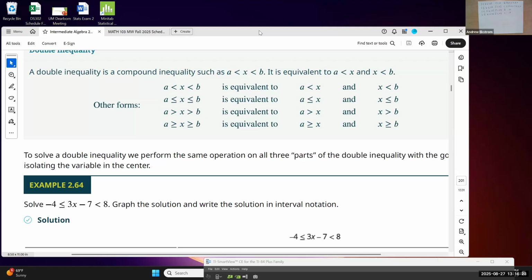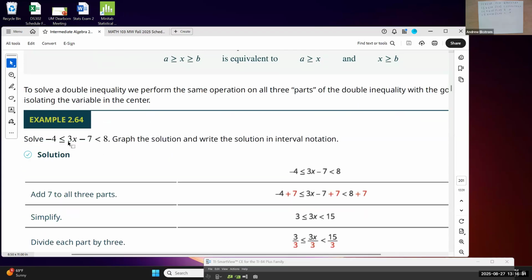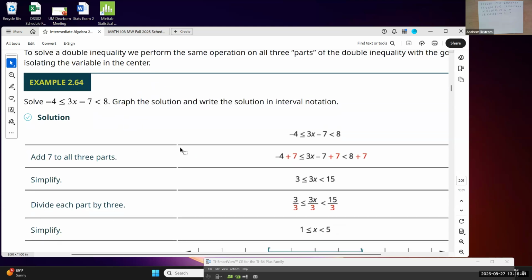If we go back to the book, you can see we've got -4 less than or equal to 3x minus 7 less than 8. We can basically split this up as essentially two different problems.